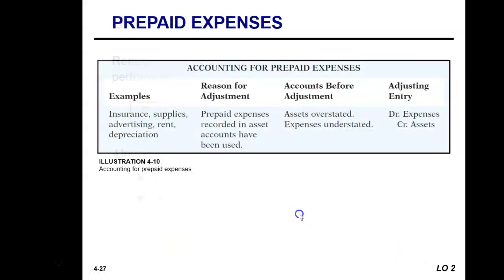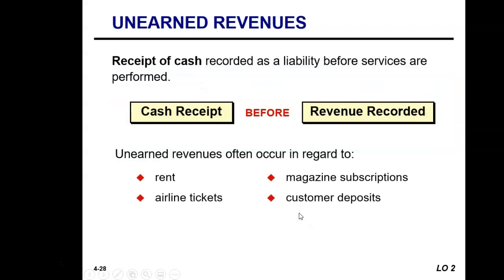Okay. Let's take a look at some unearned revenue adjustment. When you think about unearned revenue, it means that cash has been received before the revenue has been recorded. So if a tenant pays their rent 6 months in advance for the landlord, that's known as unearned revenue because they have received revenue before providing an actual service to that tenant.